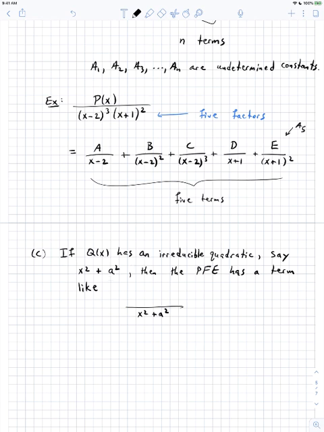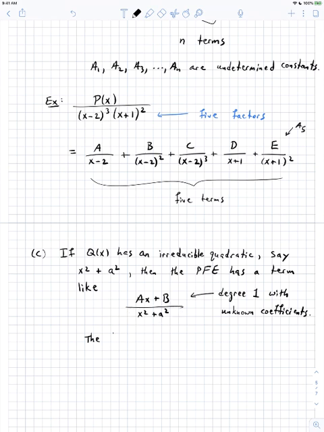Well, the numerator is not going to be constant in this case. Here you have ax plus b. So the idea here is this is degree 1, with unknown or undetermined coefficients. You might expect a constant, but it's not a constant, and the reason for that is that the thing in the numerator always has to be degree 1 smaller than that in the denominator.